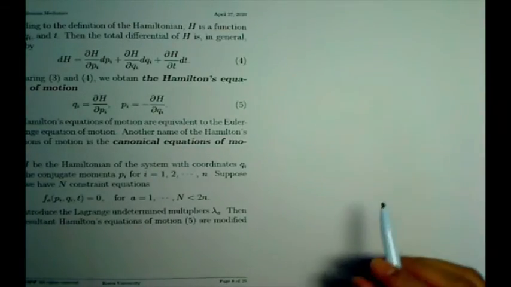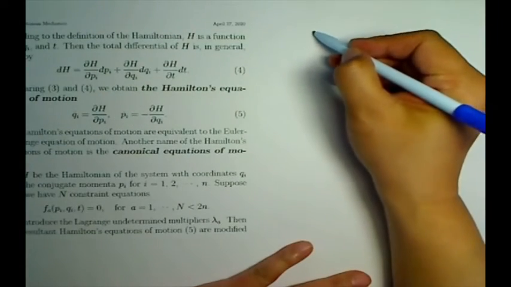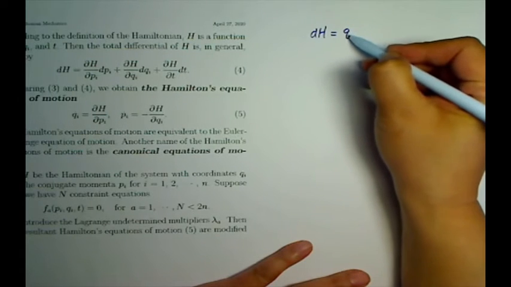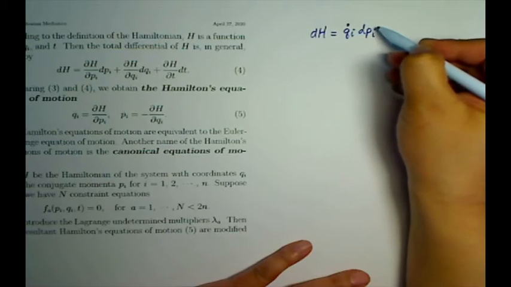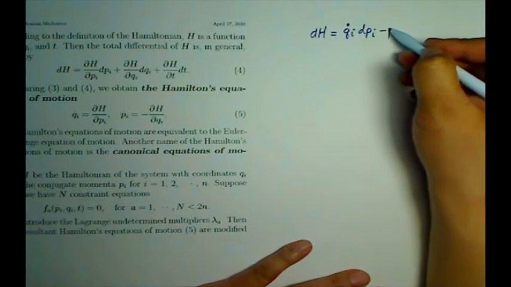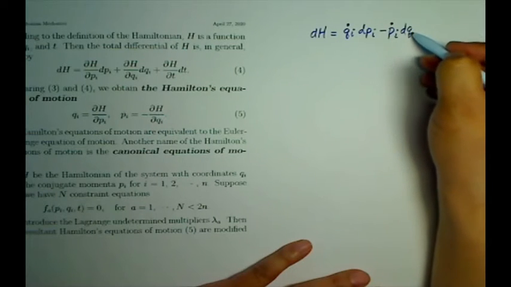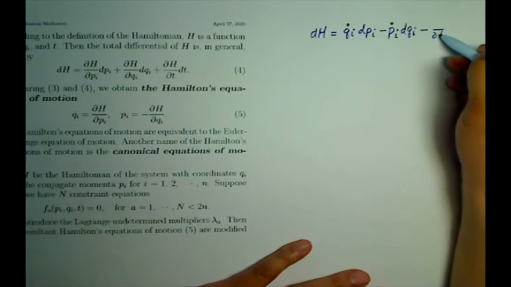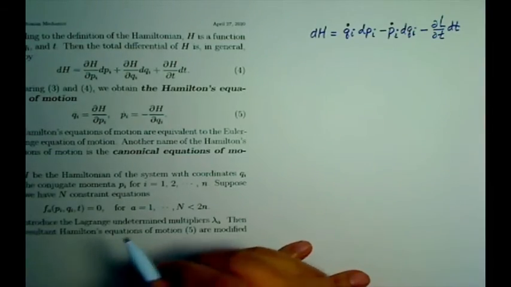We compare this. And here we previously obtained dH is qi dot dpi minus pi dot dqi minus the Lagrangian's partial time derivative, with this.